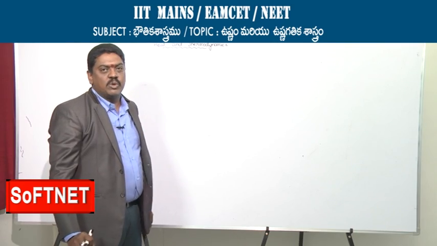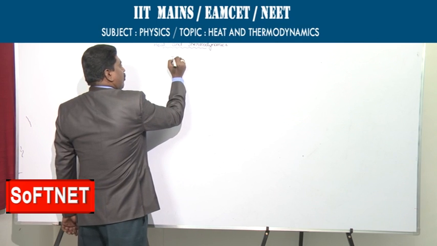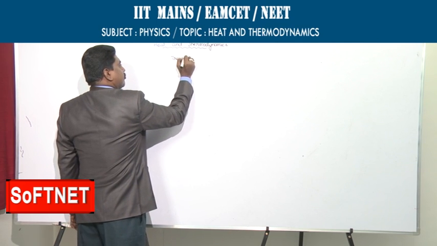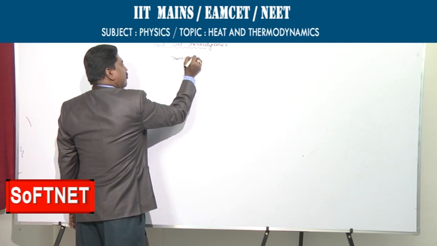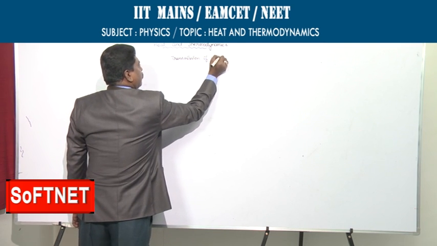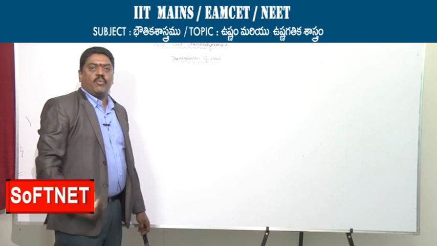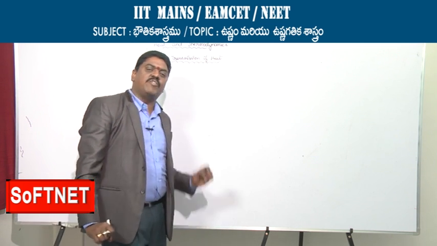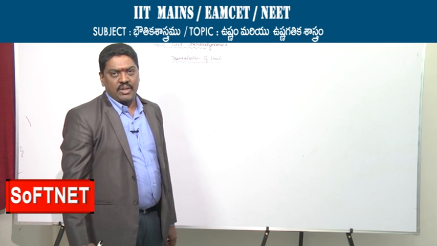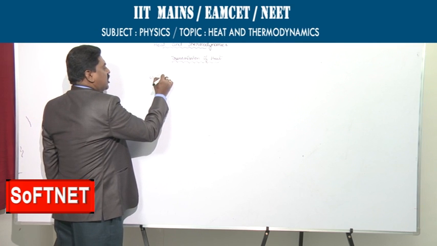Now let us move on to transmission of heat. There are various modes of heat transfer from one body to another body. The various modes are, the first one we say here is conduction.